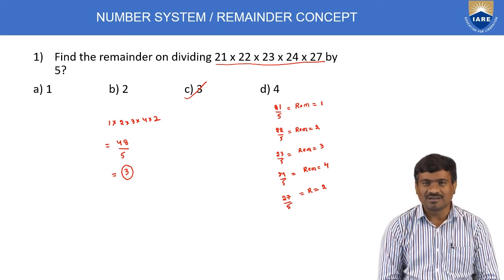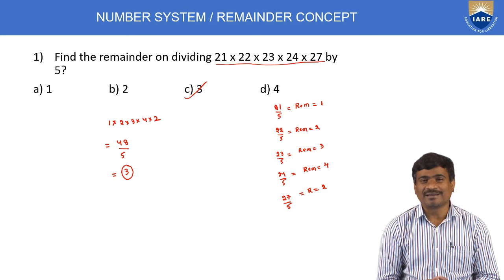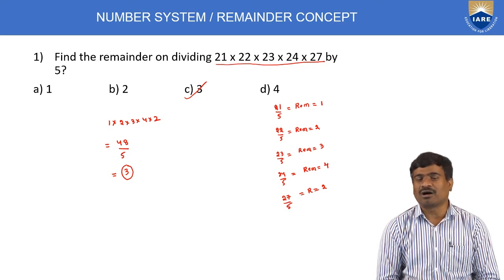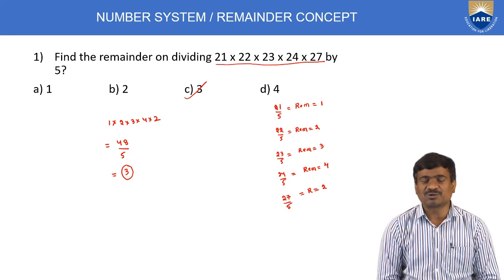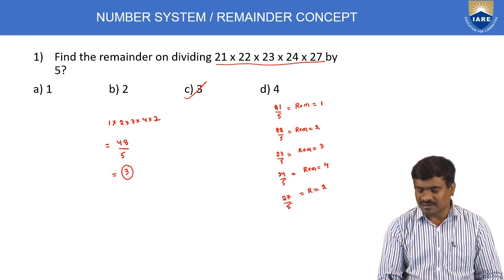Just apply the shortcut method: each number is divided by 5 or by some number, then apply the operator. The final solution is always less than the divisor. That is the only correct way.